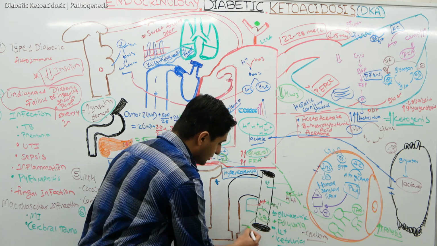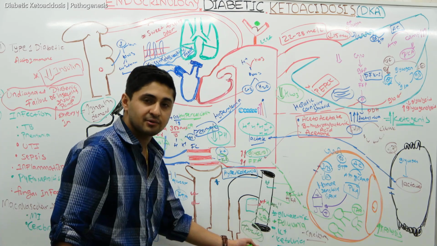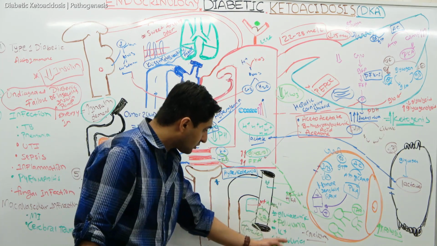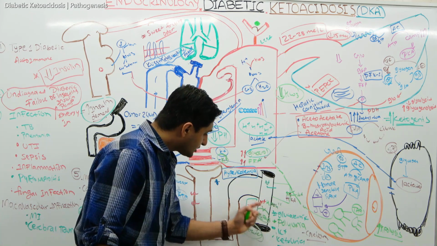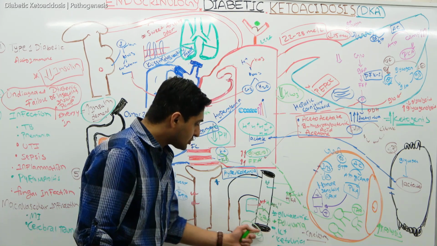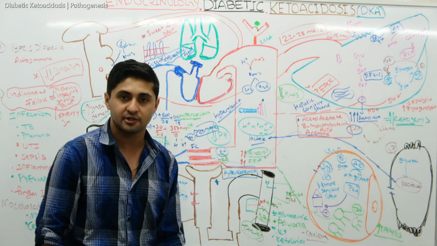That is called your titratable acid, and you see an increased level of titratable acid. Because the water is also flowing so fast, along with that, the phosphate is going to also go to the urine. So the end result is that you see a decreased level of phosphate in your plasma.